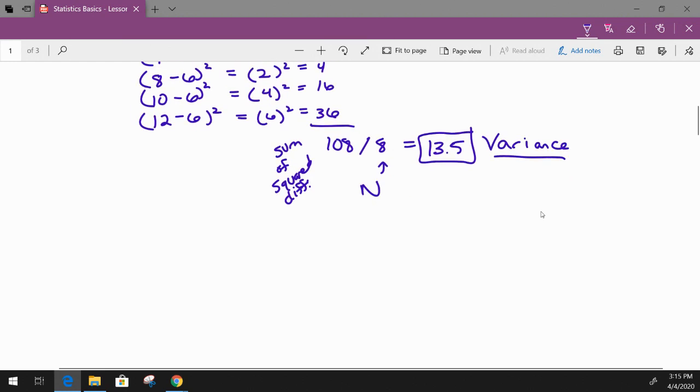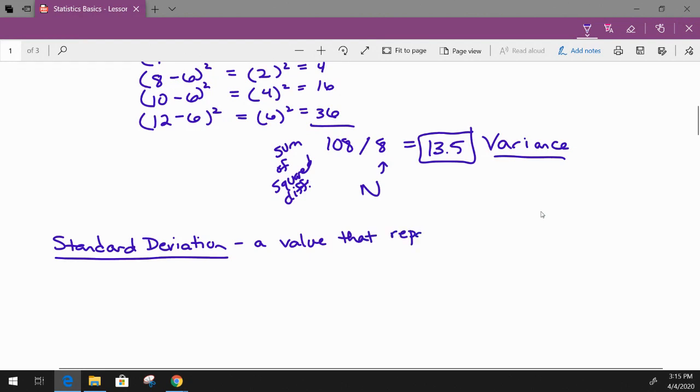The standard deviation basically tells you how much the data varies from the mean.